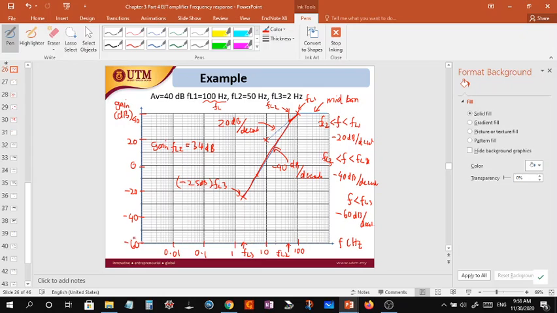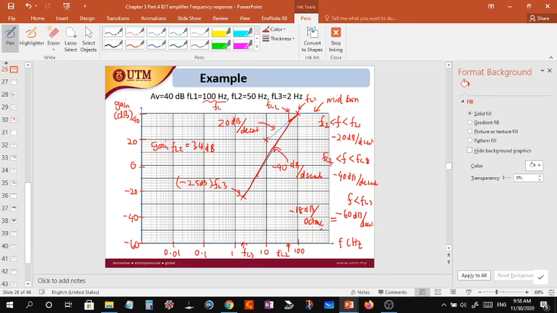But here, in our plotting for the y-axis, the minimum is minus 60. So using dB per decade is not that practical. So in this case, instead of using dB per decade, you use dB per octave. Okay. So minus 60 dB per decade is equivalent to minus 18 dB per octave.